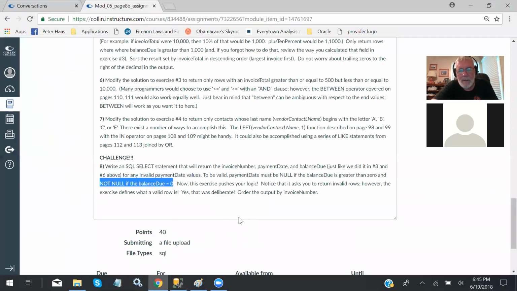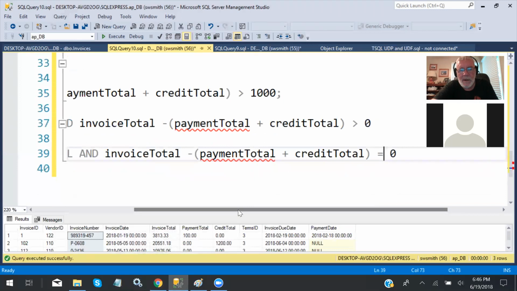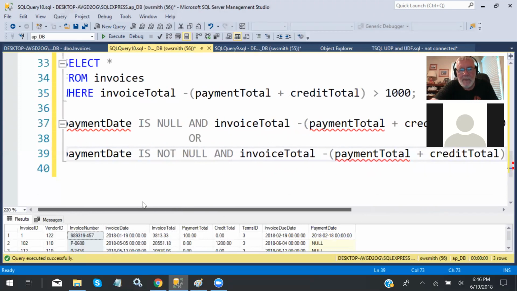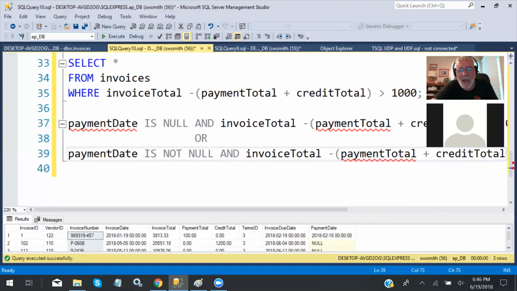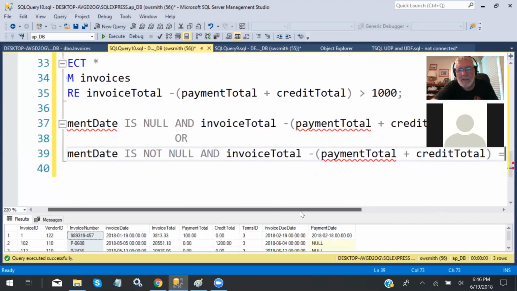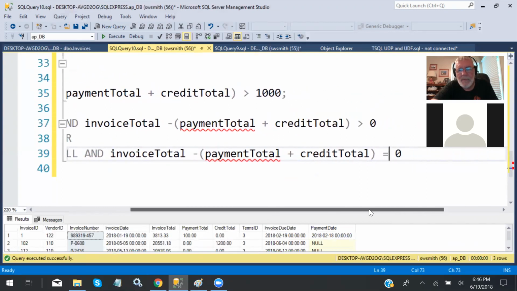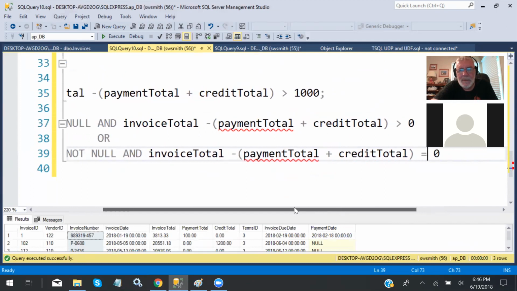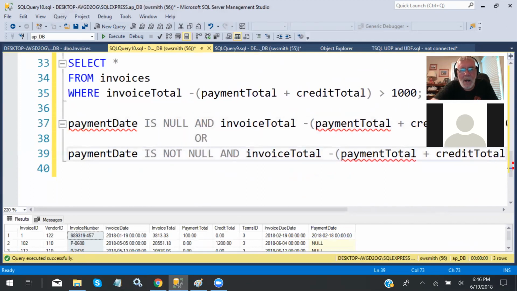So what I did, I changed that null not equal to 0. Not null if the balance is equal to 0. Now, is that what I've said here? Payment date is not null and the balance due is equal to 0. This is the valid record. Yes, this is a valid record. You want the invalid record, so it should be bingo.